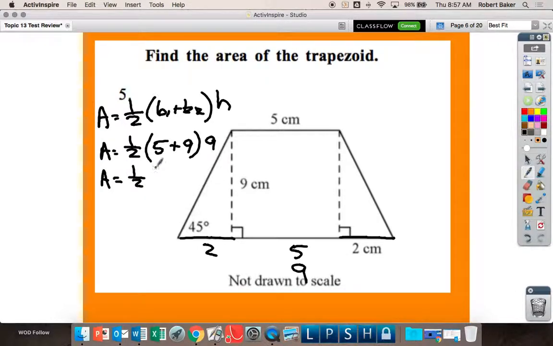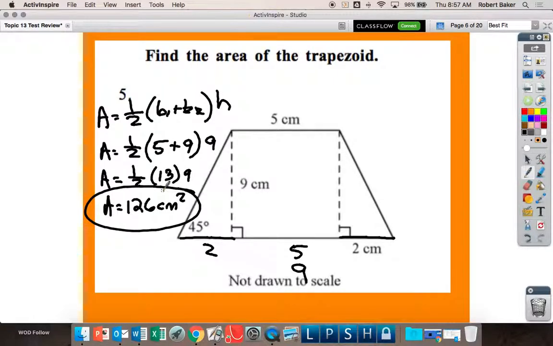I can't really do that in my head. I was lied to. 63.5? 63?